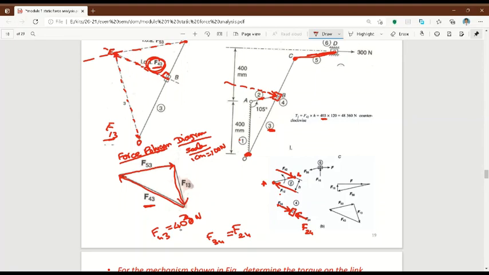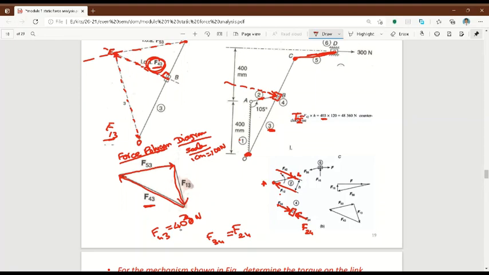But one couple is there. I have to find out the value for the couple. Couple or torque are the same. So torque or couple, that is on link 2, so here they have written T2. T2 equals F42 into H. H means the vertical distance between this place and this place. Here they got 120 mm, which might be 1.2 centimeter.